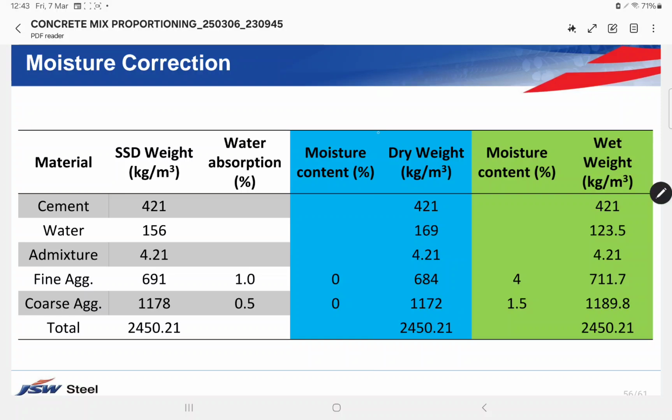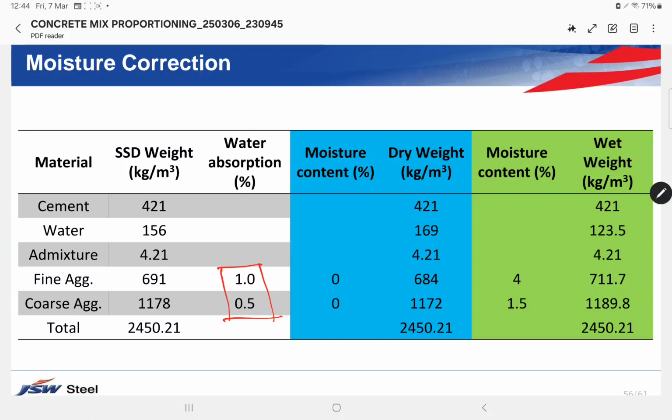Let's first consider the dry condition, when the materials are in dry state. Before you do it, you need to know the values of water absorption for each material. Here we are talking about only fine aggregate and coarse aggregate. SSD simply means your materials have absorbed enough water, but the surface is not wet.